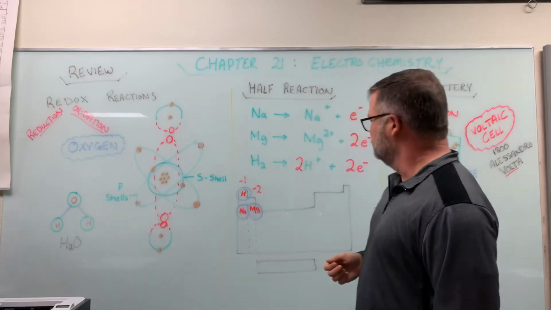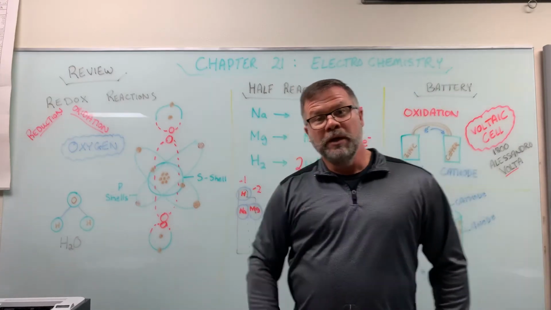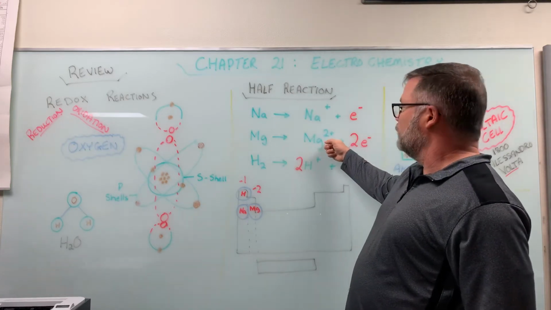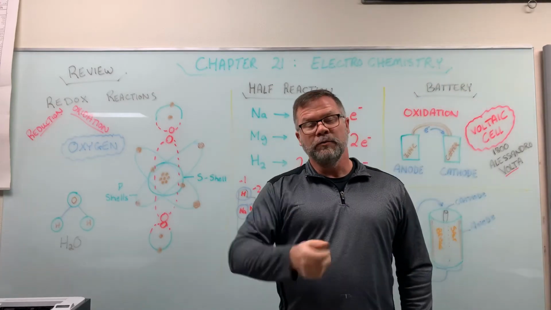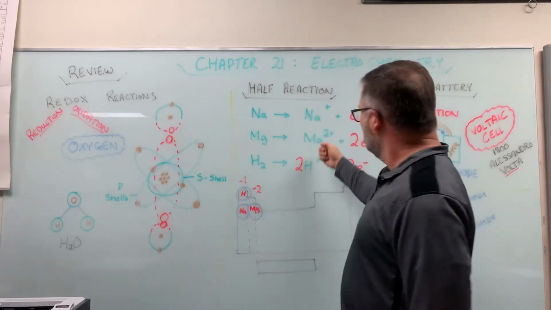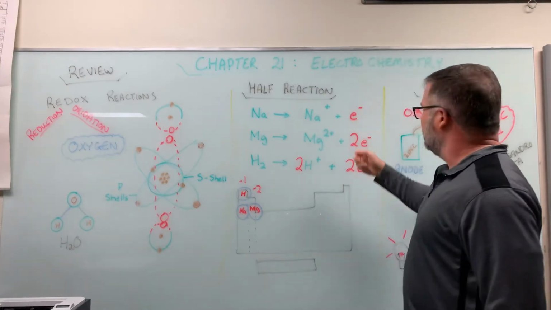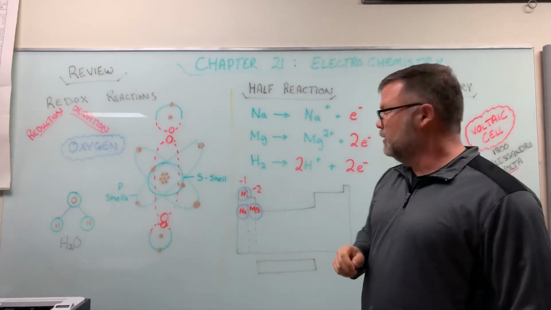If I look at magnesium, for example, that's in the second column. So it has 2 spare electrons. If I write out my magnesium, as it falls apart, I've got an ion with a charge of 2. I have 2 holes looking for more electrons and 2 electrons offered up to a friend.